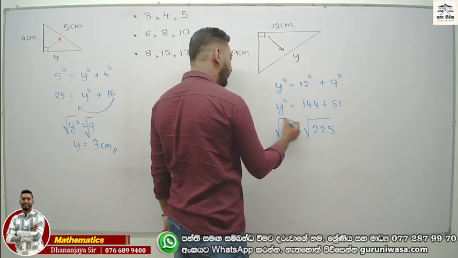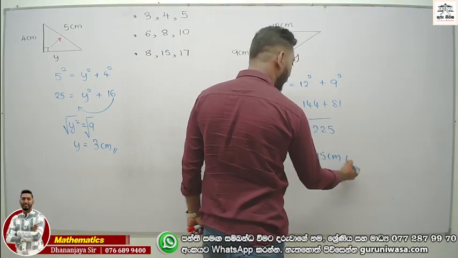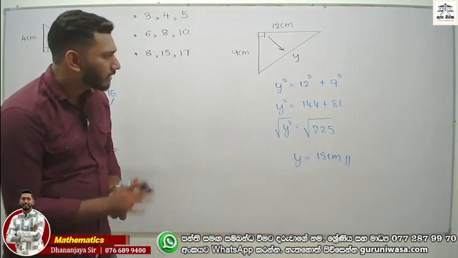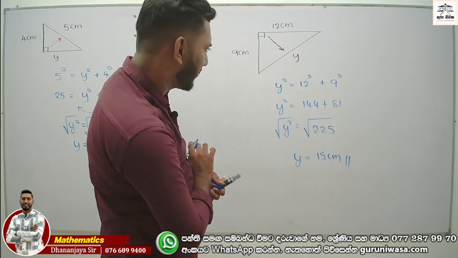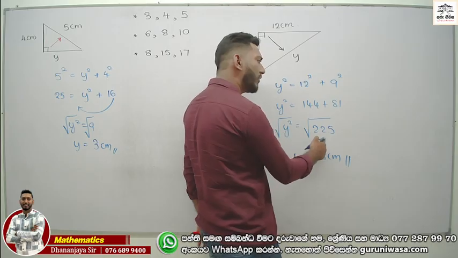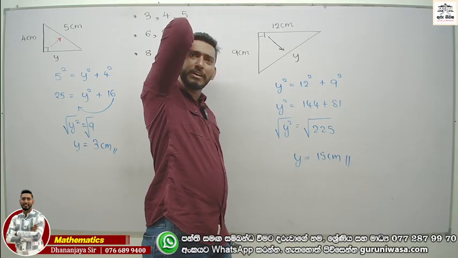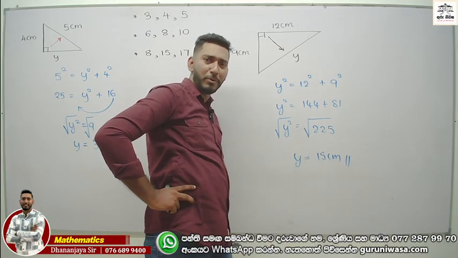Then y is equal to 17. 15. So I got 17. Wait, 4 plus 1 is 5, 8 and 4 is 12, and 2 remain, 225. 225 is 15, yes or no?